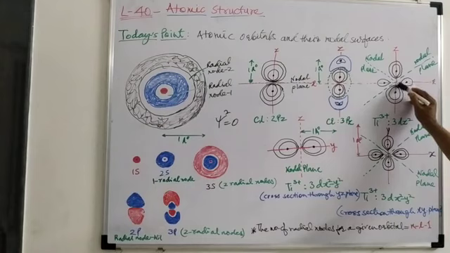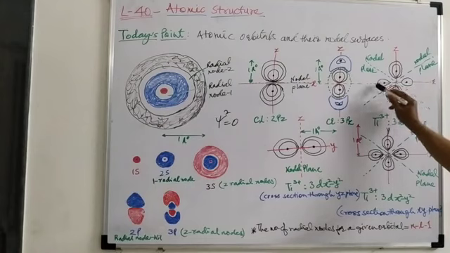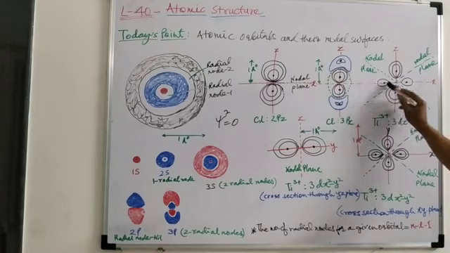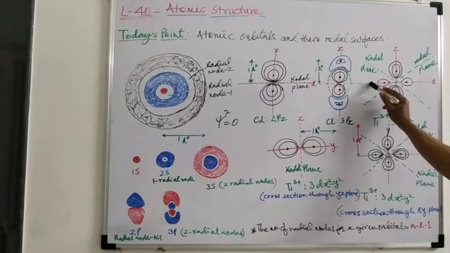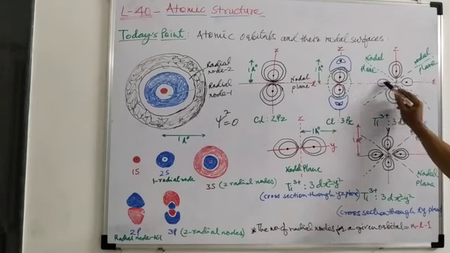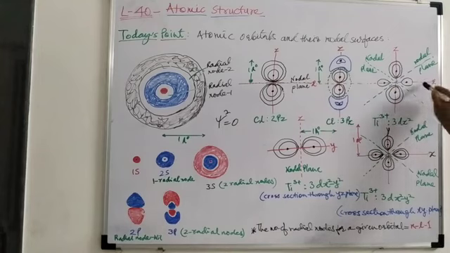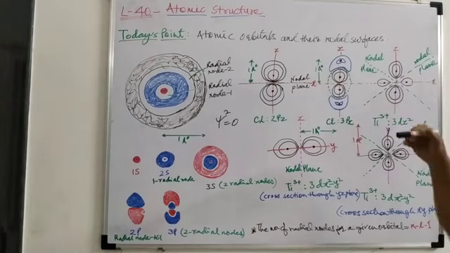So actually means the nodal plane is not available. A nodal surface is not available along any x and z axis. It is not available along any x, z and y axis also.